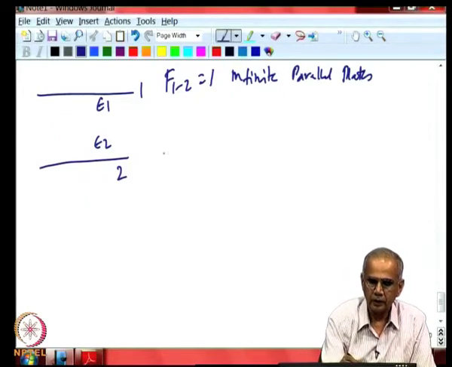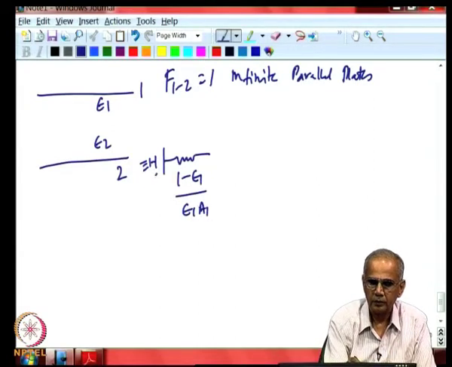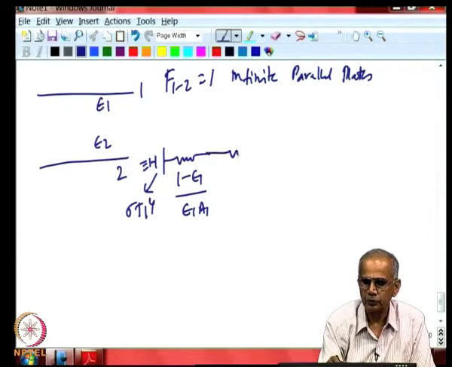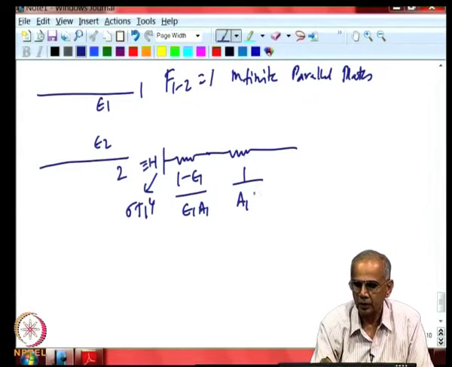So, one can write the electrical analogy for this case as (1 minus epsilon 1) over A 1 epsilon 1, then sigma T 1 to the power of 4. Then between the two surfaces, this is 1 over A 1 F 1 2, but F 1 2 is 1.